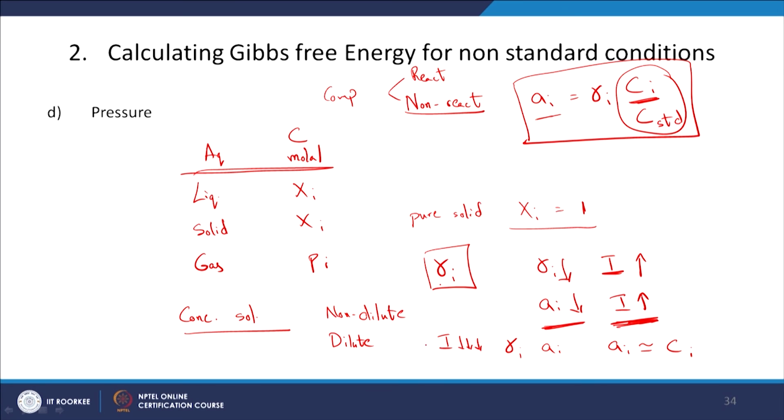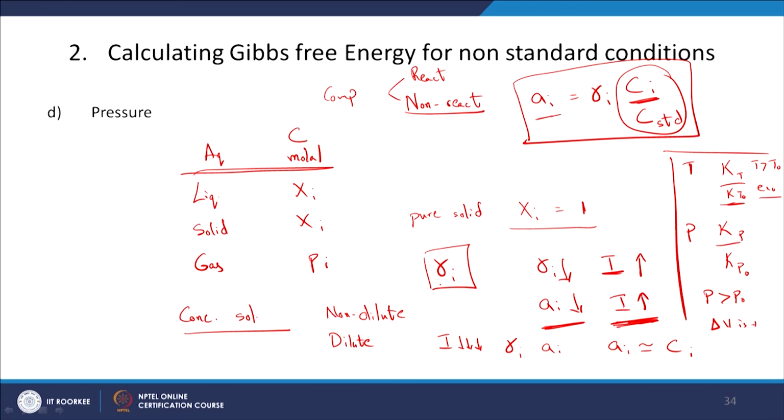Then we looked at the effect of temperature and the effect of pressure on the equilibrium coefficients, Kt by Kt naught and Kp by Kp naught. We looked at two examples: when T is greater than T naught for an exothermic reaction, and when P is greater than P naught with delta V positive. This is what we looked at in today's session, and I am done for this session.